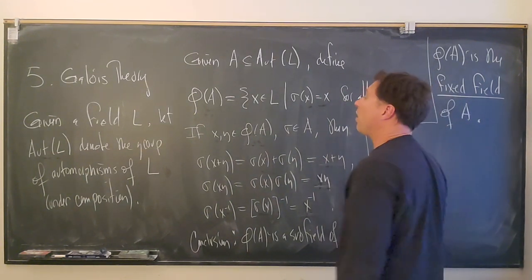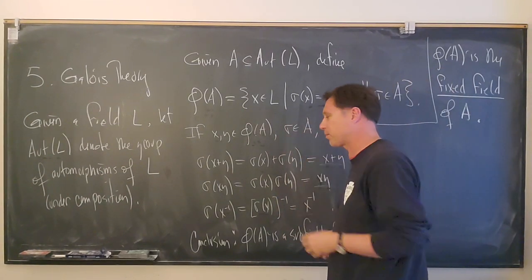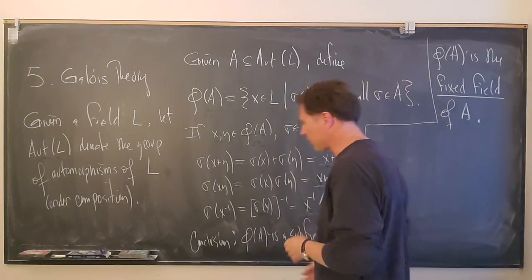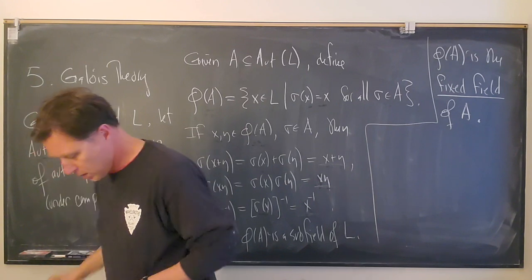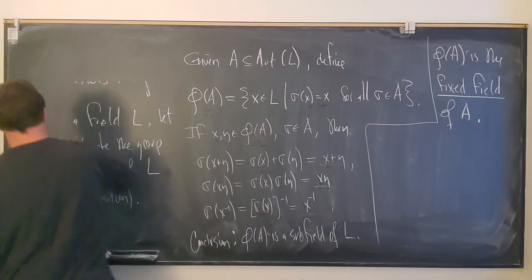Why are they using phi? Oh, I get it. Fixed. Okay, so that's how I remember it now. So phi of A is the fixed field of capital A. Now I want to do an example, and this is going to be kind of a lengthy example.